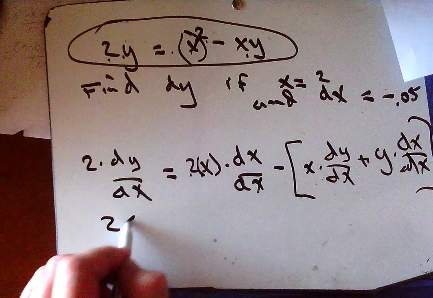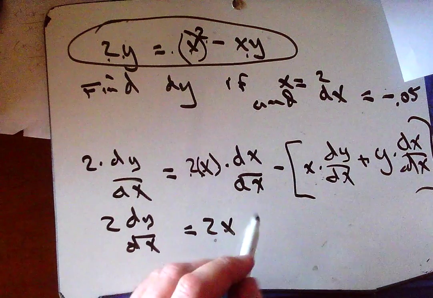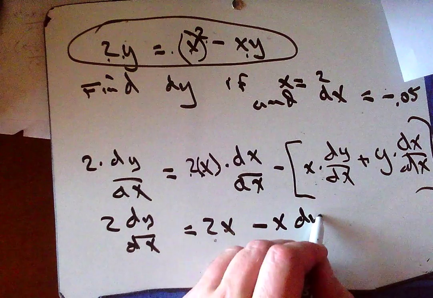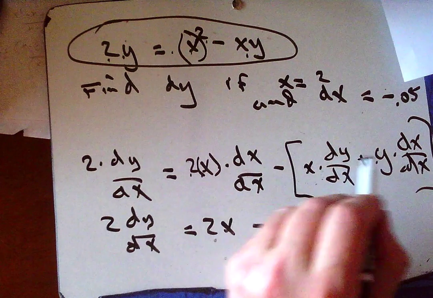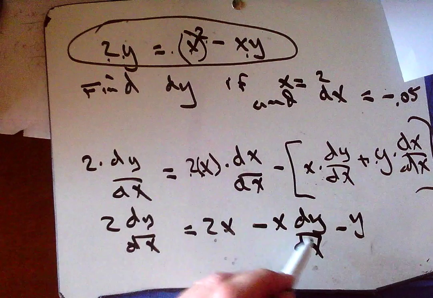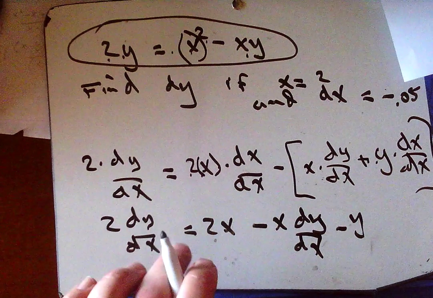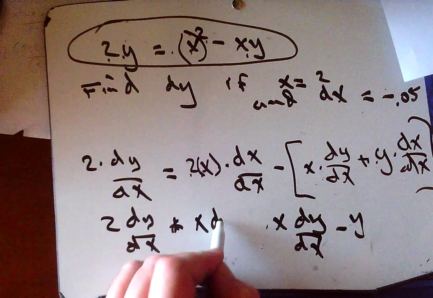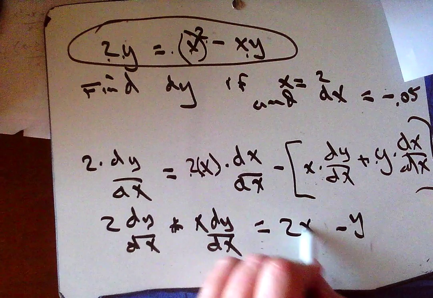Well, okay, 2 dy dx equals 2x. dx is 1, minus x dy dx minus, don't forget to distribute, minus y, and dx is 1. Well, I'd like to get all the dy dx stuff on one side, and that will mean plus x dy dx equals 2x.